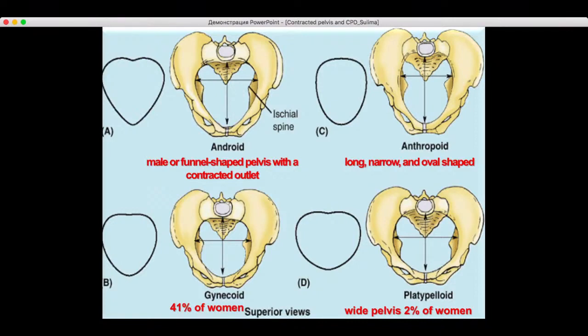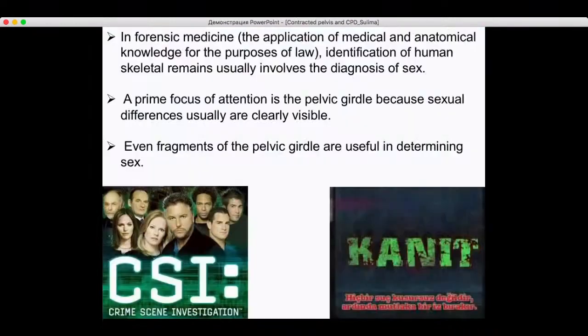Once again, we have the anthropoid pelvis, we have the platypelloid form of female pelvis, and normally we usually have gynecoid. This is not a contracted form of pelvis.